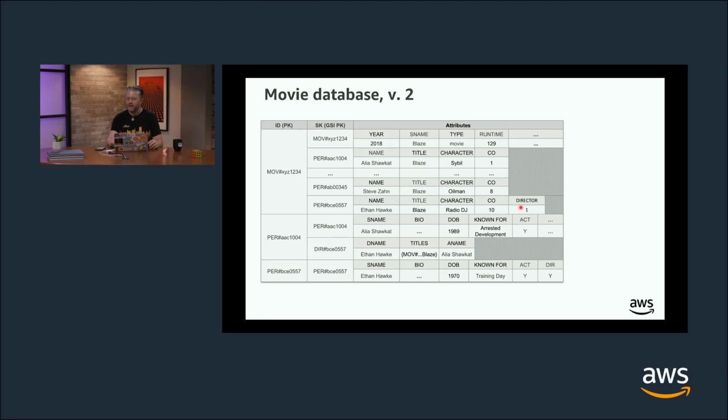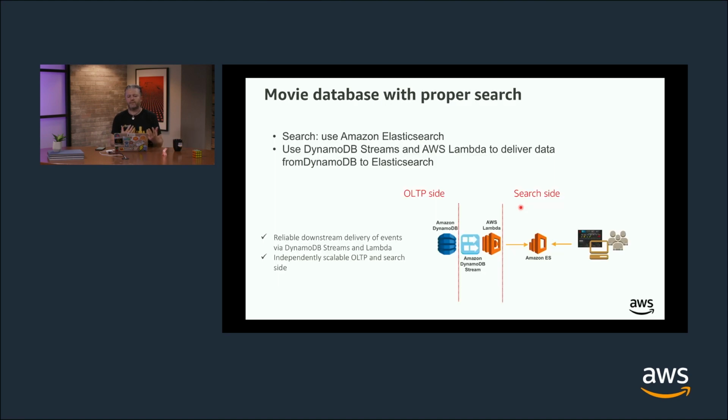With DynamoDB, we would do that using Amazon Elasticsearch, a search service that indexes the data you feed it and then makes it searchable. It's very configurable, very powerful, and under the hood it uses a powerful search technology called Lucene.